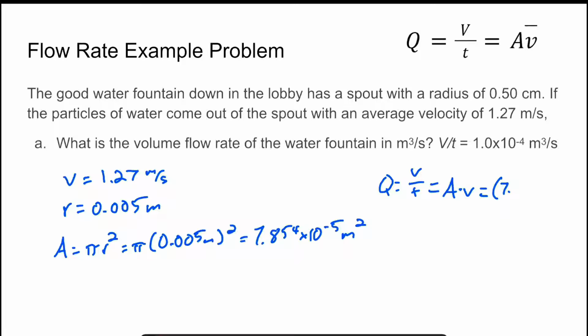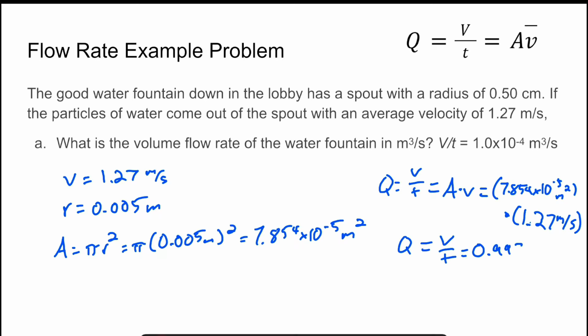If we take that cross-sectional area, the 7.854 times 10 to the negative fifth meters squared, and multiply that times our velocity, which is 1.27 meters per second, we end up with meters squared times meters, and meters cubed over seconds, and we end up with a volume flow rate of about 0.997 times 10 to the negative fourth, or about 1.0 times 10 to the negative fourth meters cubed per second.